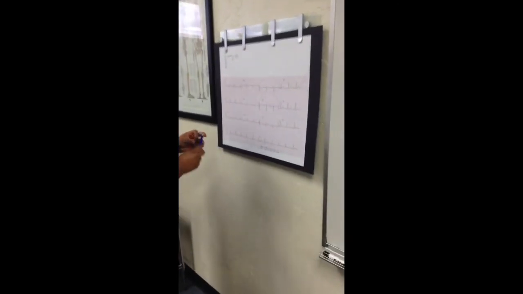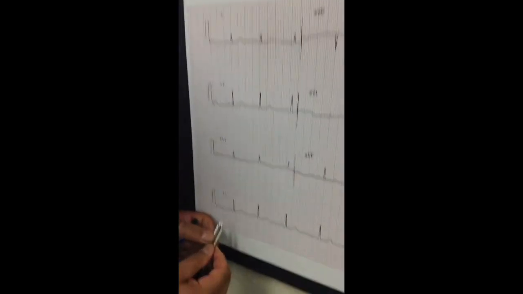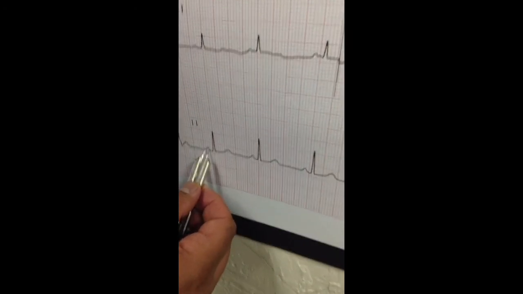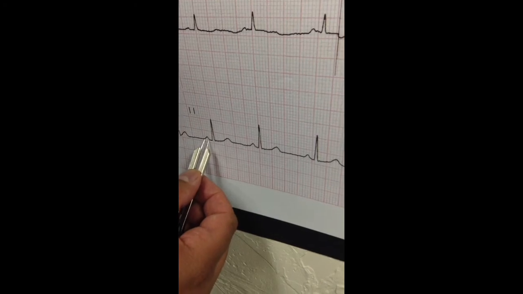So we're going to go back over here, and I'm going to show you real quickly how to do that. You're going to take your calipers, and you're simply going to measure from the beginning of your P wave to the end of the P wave. Make sure you get those points real close.